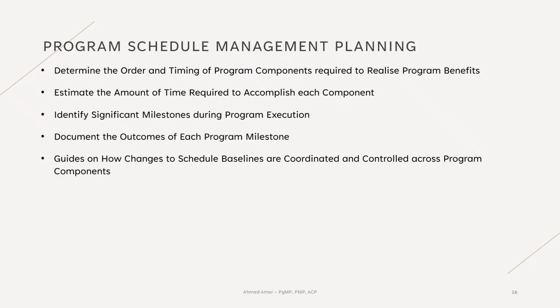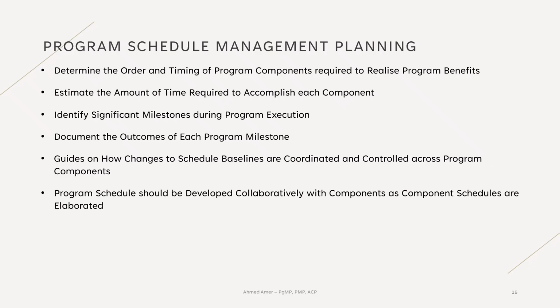As we are aware, program components may include projects, subsidiary programs, and other work required to deliver the program's scope. Program schedule management planning starts with the program scope management plan and the program work breakdown structure or WBS. These define how the program components will deliver the program's outputs and benefits.